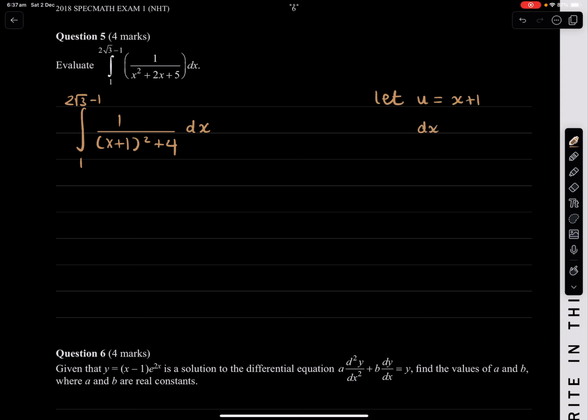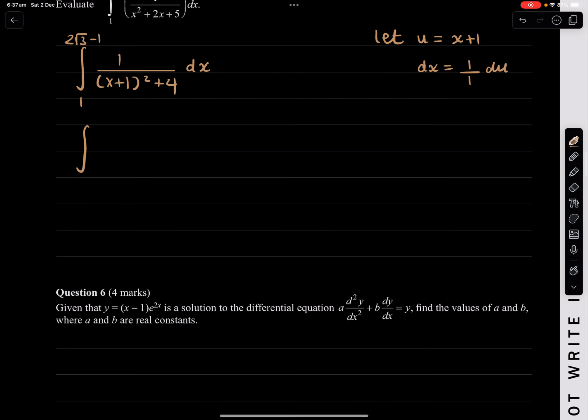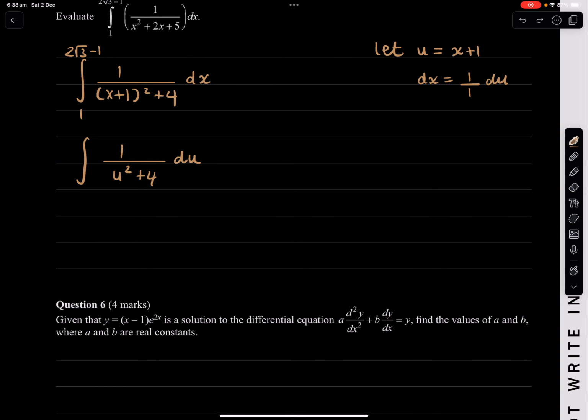Hence, dx is just 1 over 1 du, so just du. So we can integrate 1 over u squared plus 4 du. And these terminals are going to change. If I put in 2 root 3 minus 1, it's just going to be 2 root 3 actually. And 1 plus 1 is just 2.